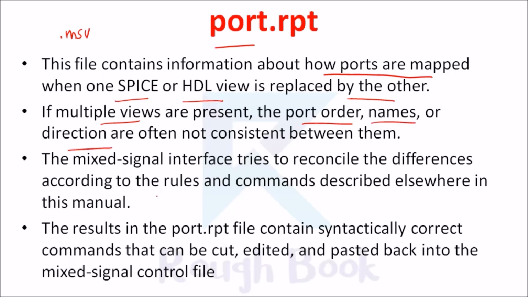Therefore, the mixed signal interface tries to reconcile the differences according to the rules and commands described elsewhere in the manual. The results in the port.rpt file contain syntactically correct commands that can be cut, edited and pasted back into the mixed signal control file.